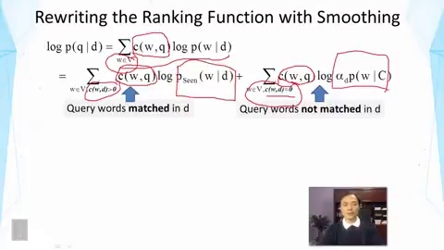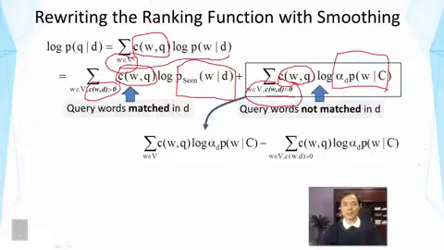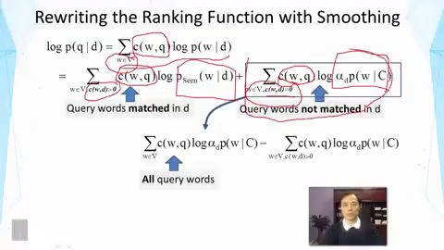Now we can go further by rewriting the second sum as a difference of two other sums. Basically, the first sum is actually a sum over all the query words. Now we know that the original sum is not over all the query words. This is over all the query words that are not matched in the document. So here we pretend that they are actually over all the query words.